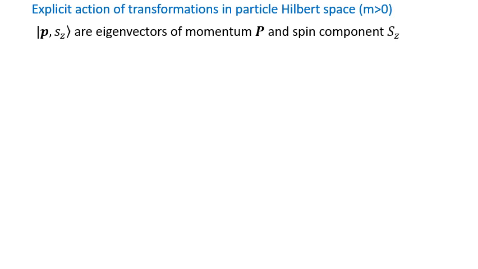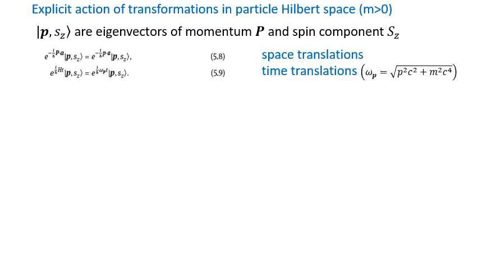In this basis, it's not difficult to find explicit forms for the matrices of the irreducible unitary representation. Space translations and time translations are diagonal in this basis. They simply multiply basis vectors by imaginary exponents.